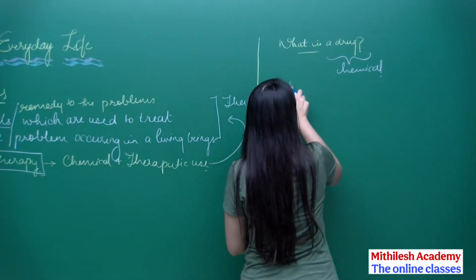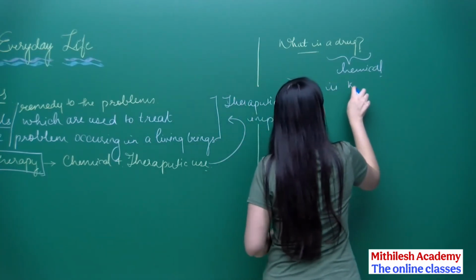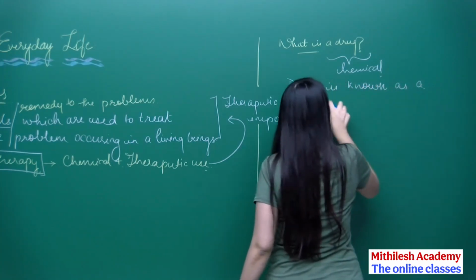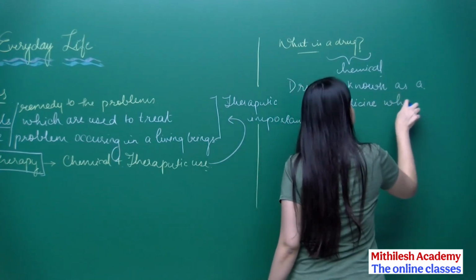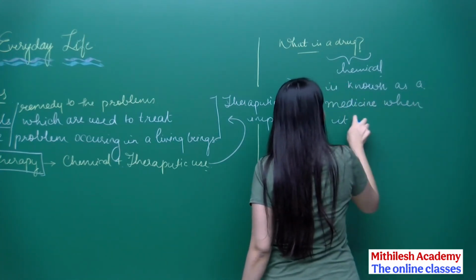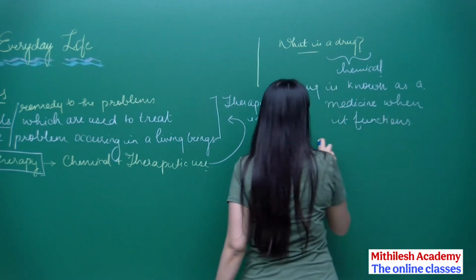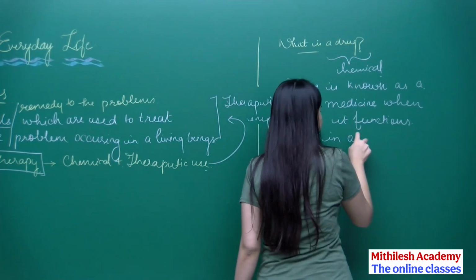So a drug can be a medicine. A drug is known as a medicine when it functions in order to treat a disease.